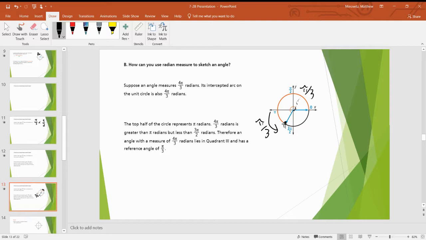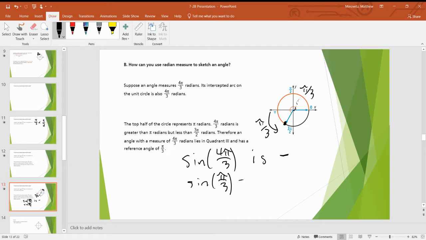And then we're going to extend this eventually to the fact that we know that sine of 4 pi over 3 is negative because it's got a negative height. And if I know the sine of pi over 3, then I can find the sine of 4 pi over 3.